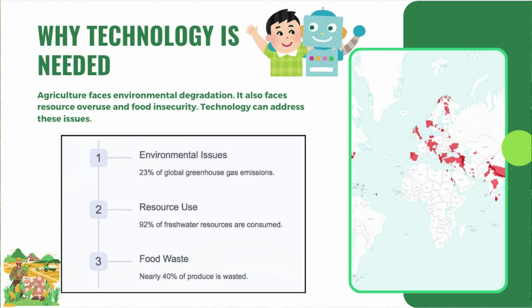As far as the environment is concerned, the agricultural sector contributes 23% of global greenhouse gases, which is primarily responsible for the recent increase in temperature. It also consumes 92% of freshwater resources, and it wastes nearly 40% of its produce. This is according to a report by the Food and Agriculture Organization, 2007.